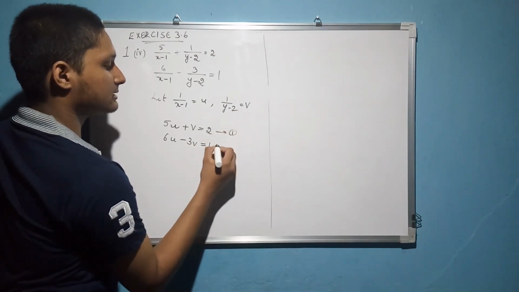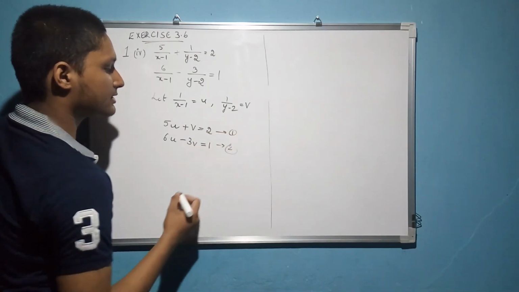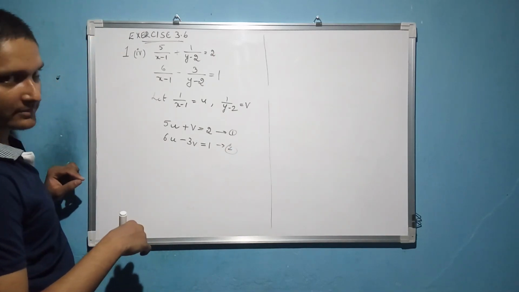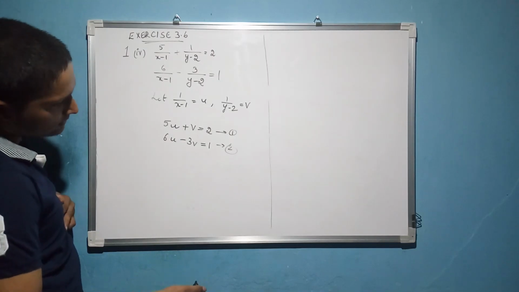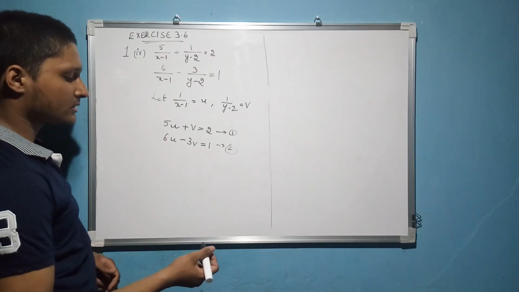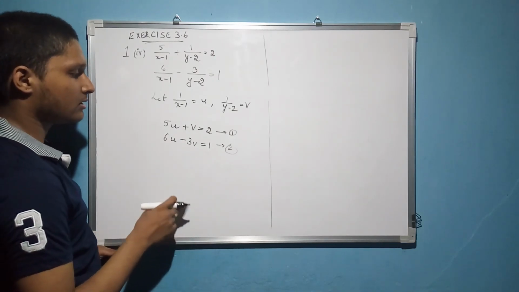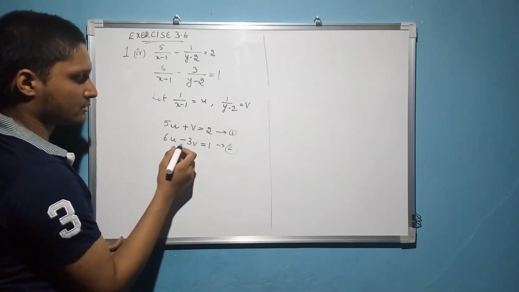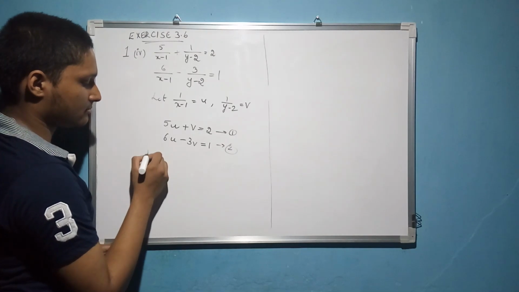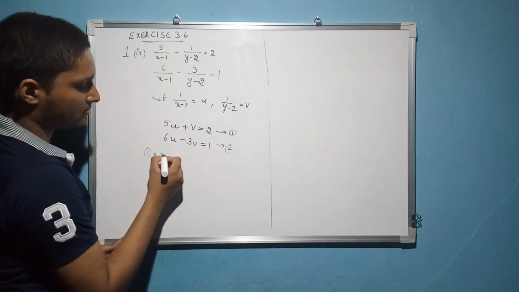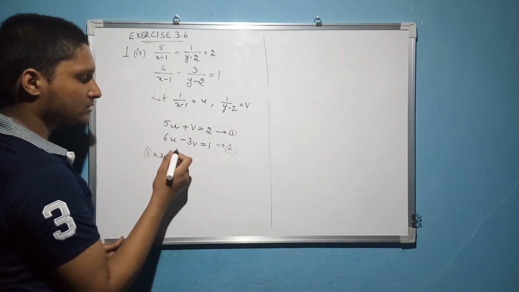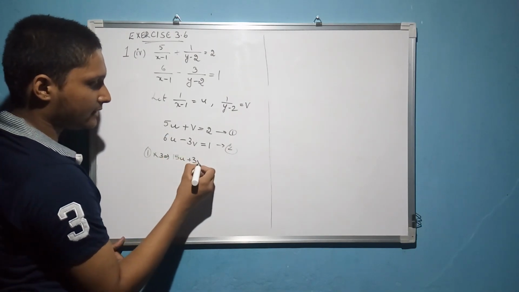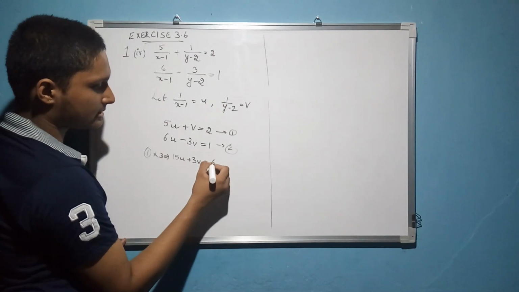Let me mark this as the first and this as the second equation. I can use elimination, cross multiplication or substitution, whichever I want. Elimination is easy, so I'll multiply the first equation by 3 in order to get rid of v. If I multiply this by 3, it is going to be 15u plus 3v is equal to 6.